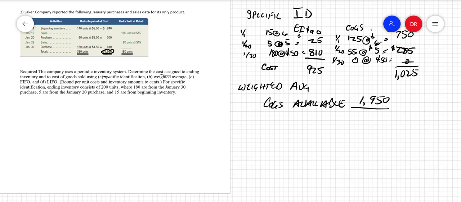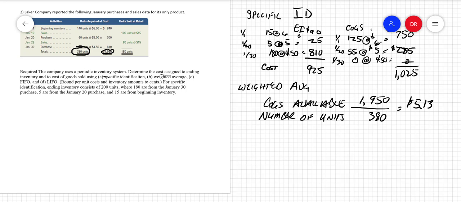We divide that by the number of units, and the number of units is 380, which is right here. We divide that out and we get $5.13. This is what we have on an average.